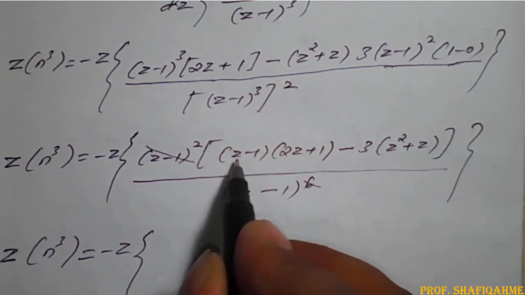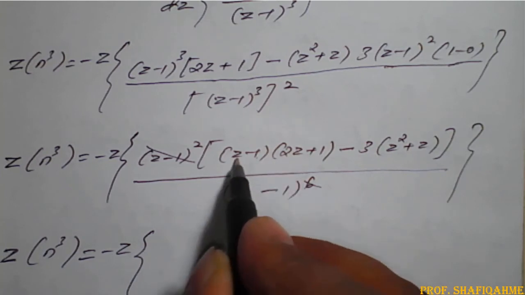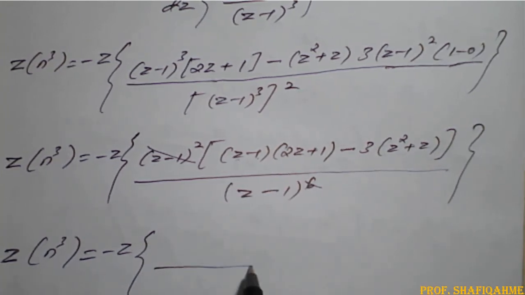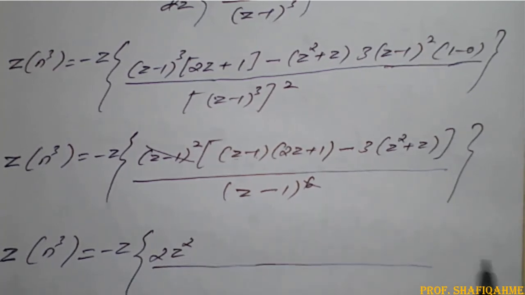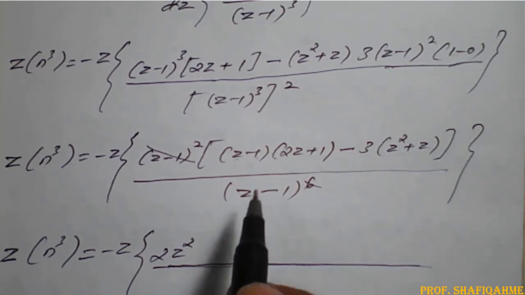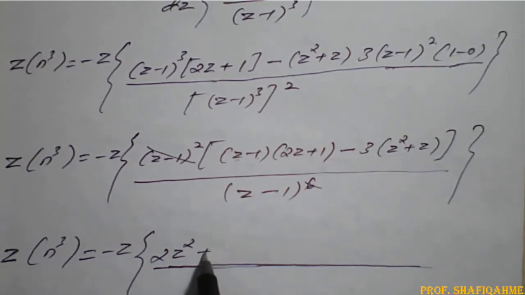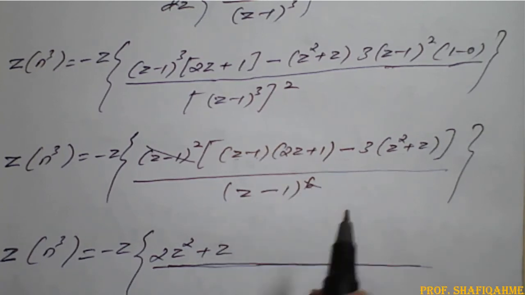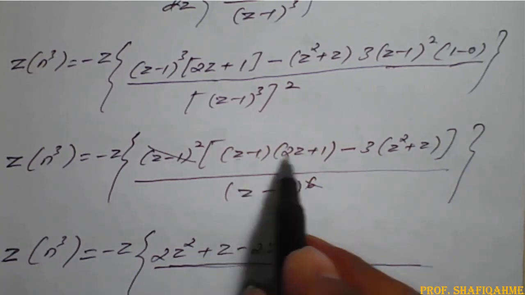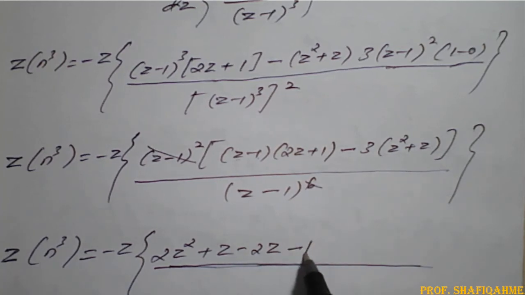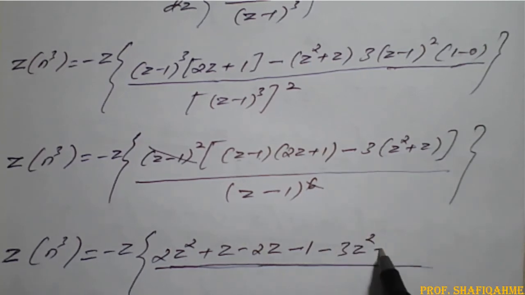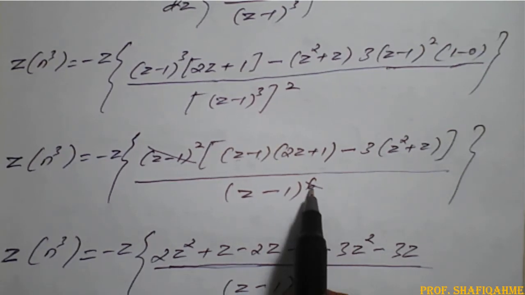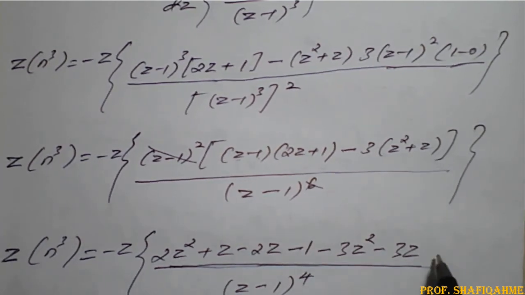So therefore, open the bracket, z minus 1 into z into 2z plus 1, it will become what here, 2z square, z into 1 is what here, z. So minus 1 into 2z is minus 2z, minus 1 into plus 1 is what here, minus 1. So here open the bracket, minus 3z square minus 3z whole divided by z minus 1 raised to, so 2 is gone from this, so raised to 4.